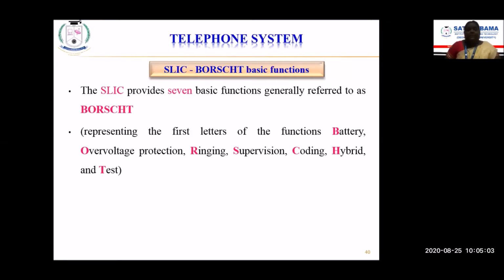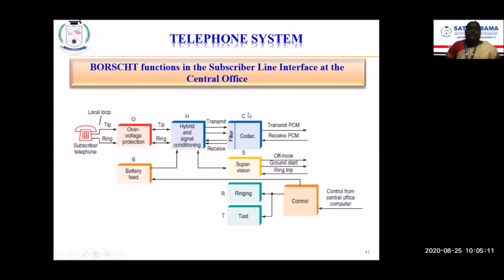Now let us see in detail the different functionalities provided by the SLIC. This is the pictorial representation of the BORSCHT functions provided by the SLIC at the central office. This is the subscriber telephone at our residence, connected to the central office via the local loop.